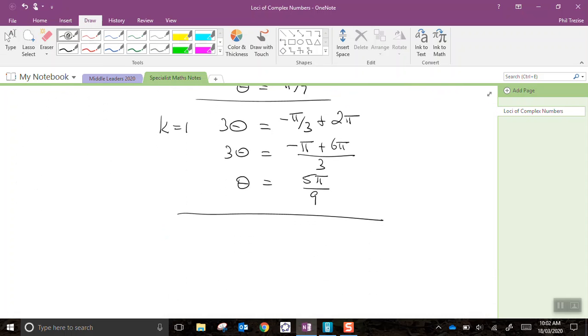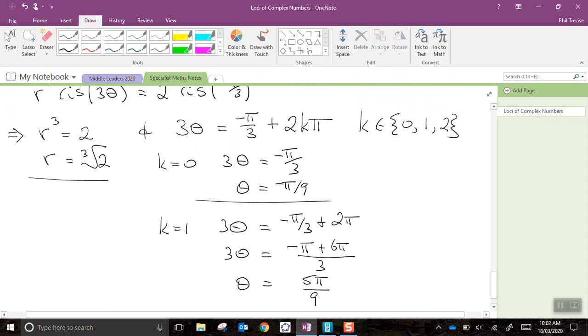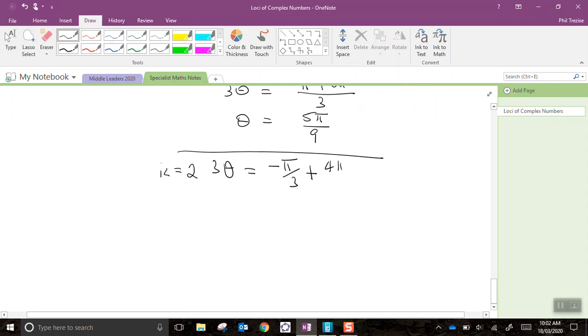And now we have k equals 2 to give us the third possible answer. 3 theta would be negative pi over 3 plus 2 times 2 is 4 pi, so we'll be adding 4 pi. Making a common denominator of 3, 3 fours are 12 pi, 12 take a pi would be 11 pi, and if I divide through by that 3, it's 11 pi over 9. Now 11 pi over 9 is greater than pi.